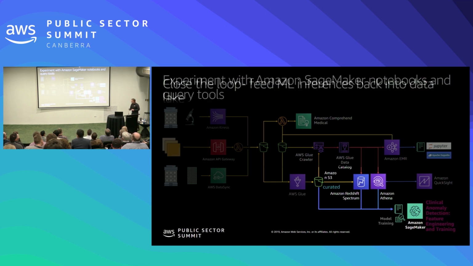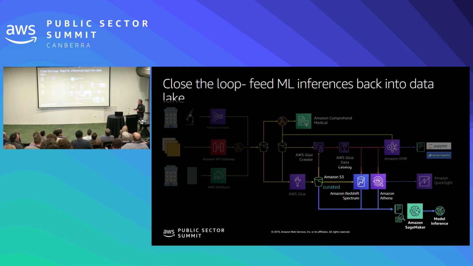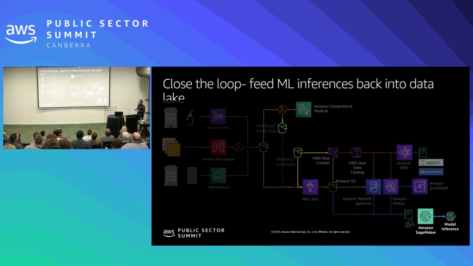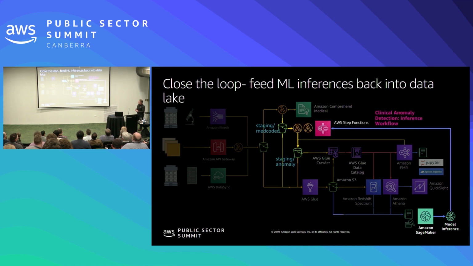So the next thing they will do is use SageMaker to publish the model inference endpoint, and then our data lake is able to leverage that by writing a Lambda function triggered on the arrival of our medically coded data to present the admission or the discharge transaction to the model inference endpoint, and the model inference will then score that transaction to say what's the probability this is an anomalous discharge or a readmission.